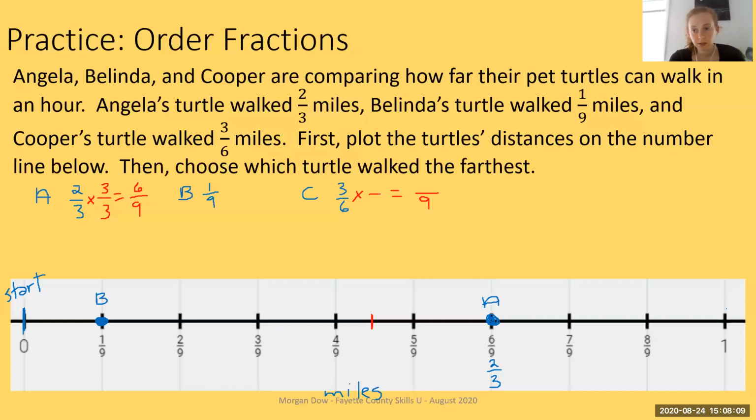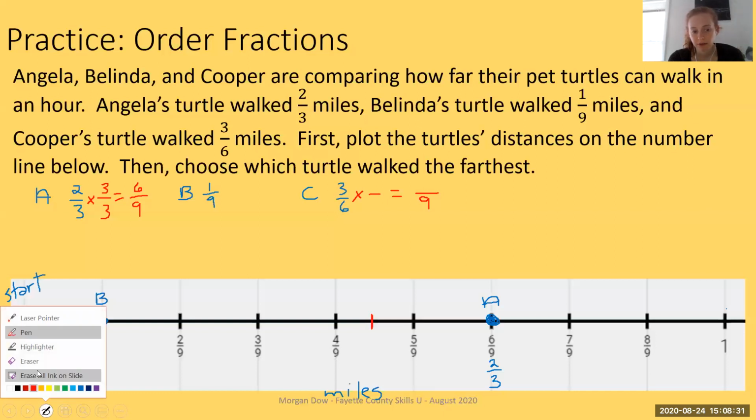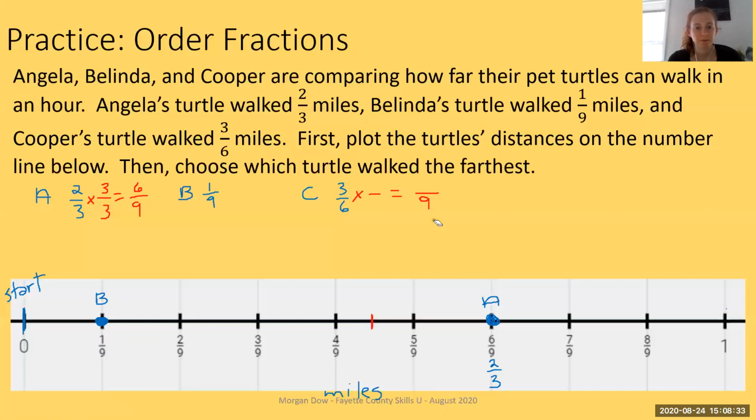But if you did a little messing around on your calculator, you might be able to figure out that 6 times 1.5 gives you 9. But it's not straightforward, right? Because 9 is not a multiple of 6. 6 times 1 is 6. 6 times 2 is 12. So 9's not on the list. So you could do 6 times 1.5 to get to 9.